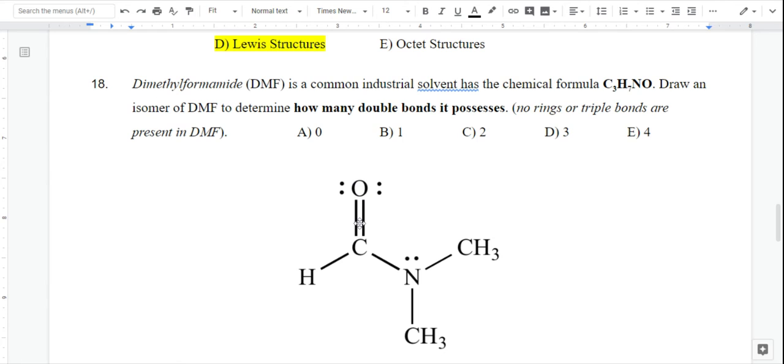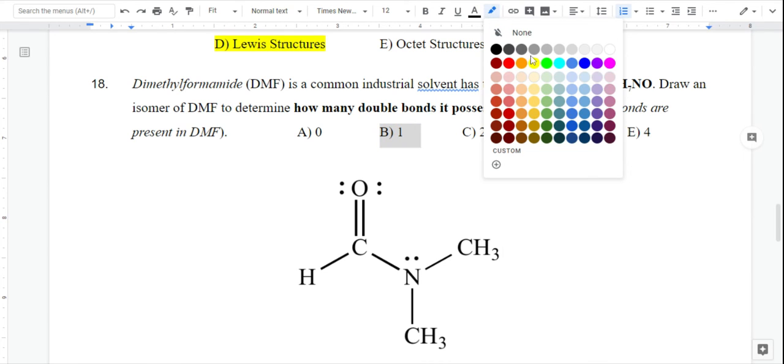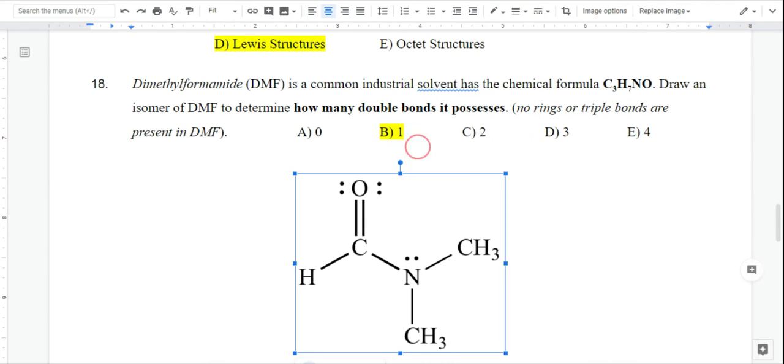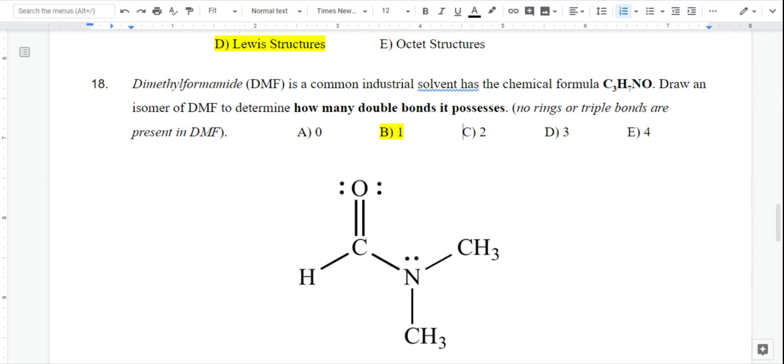And you could have put a double bond between this carbon and oxygen, or carbon and nitrogen, or you could have rearranged it a dozen different ways. But regardless, you would have ended up finding that there had to be one double bond, based on the formula, for this structure to work out without any rings.